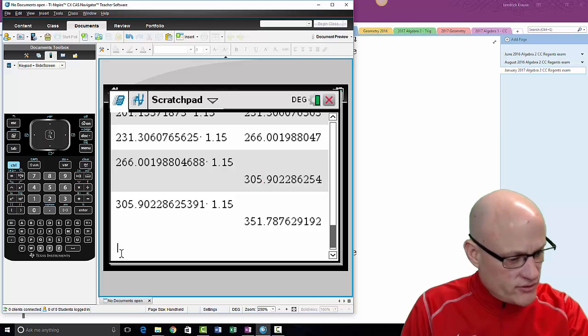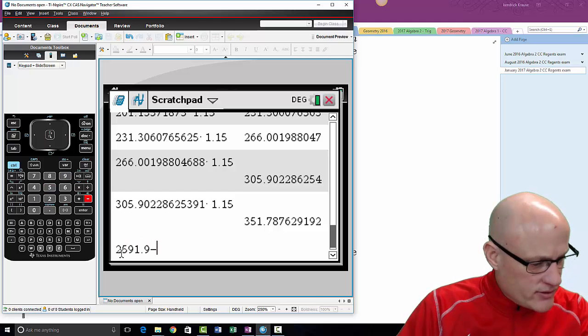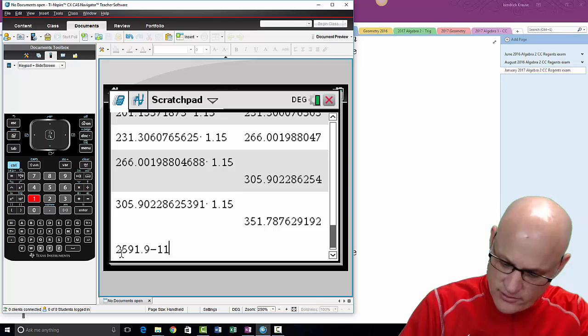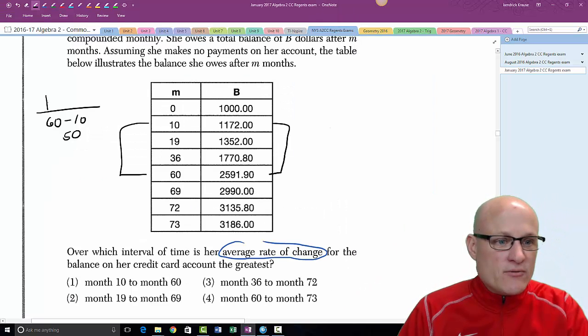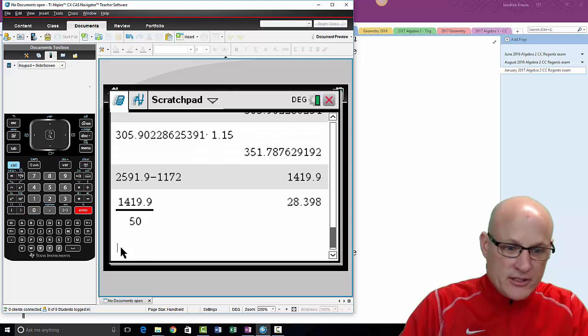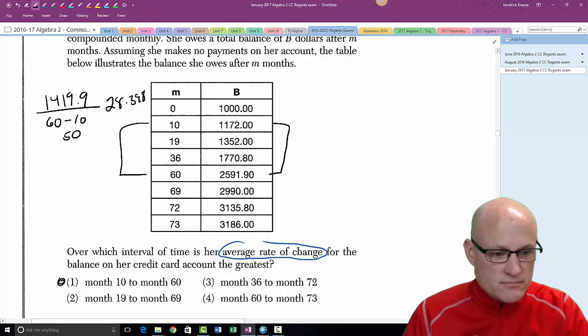Let me do it over here. 2591.9 minus 1172. So it's 1419.9, right? Divided by 50 equals 28.398. All right, so that's black.